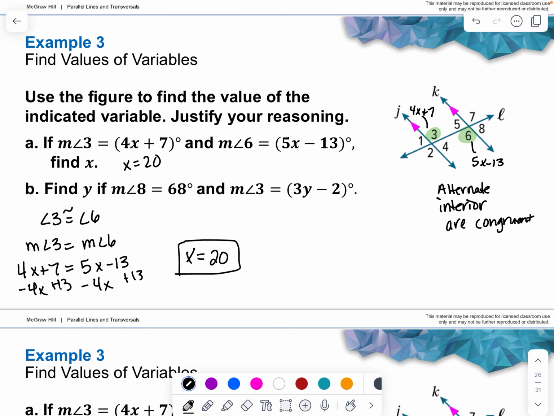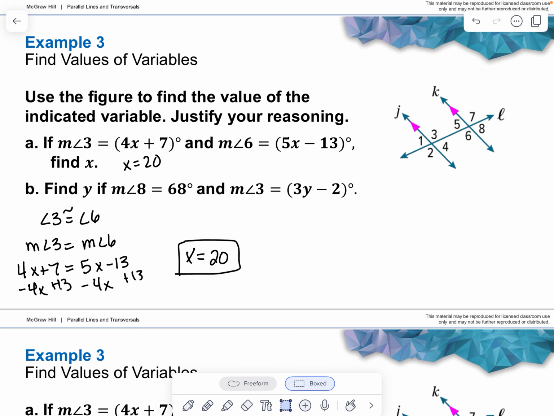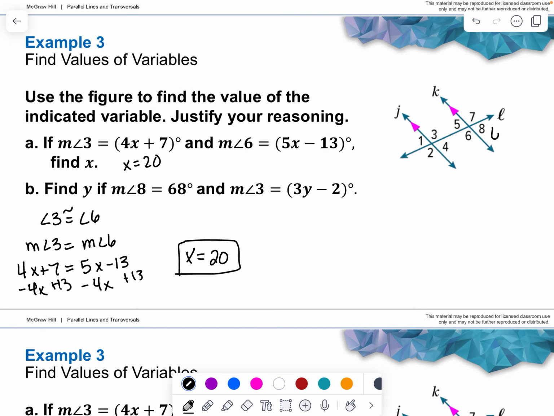Okay, and then they say, I'll go up here. Now they say find y, if measure of angle 8 equals 68 degrees, and measure of angle 3 equals 3y minus 2.